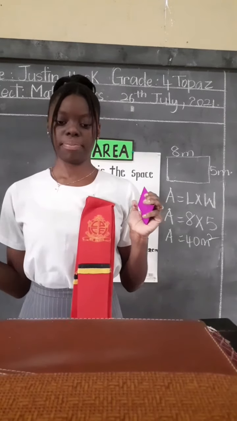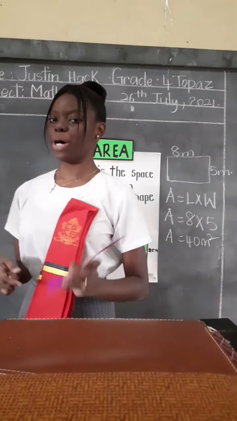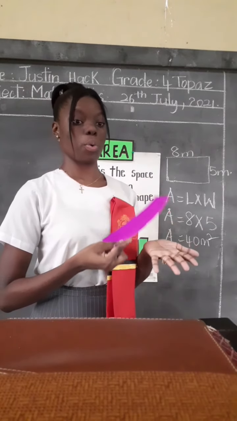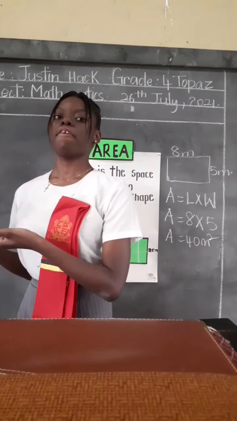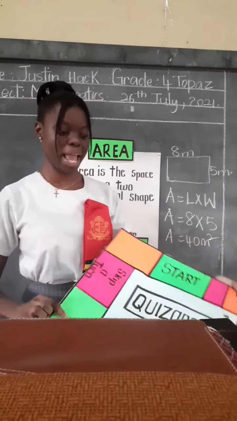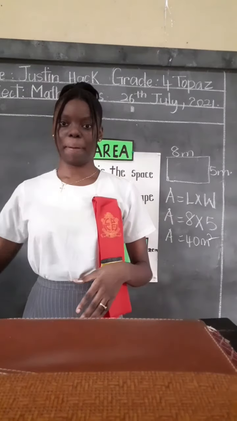And the final group is group 3, and you guys are going to do both. You're going to use the squares method or the formula method. So you ready? Let's see which group can do the best. And you know we have prizes. So y'all ready? Good.